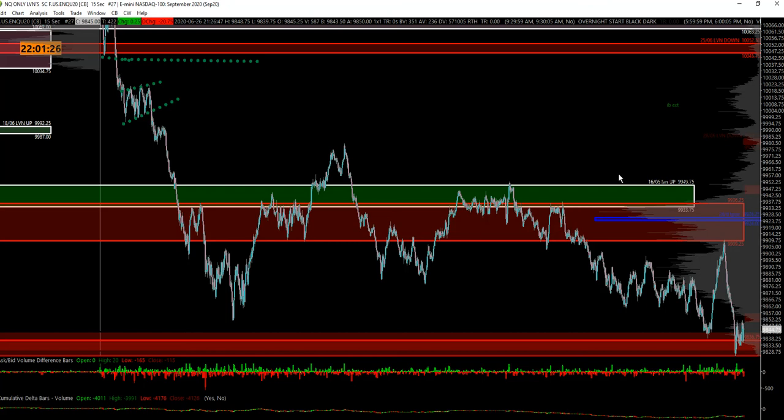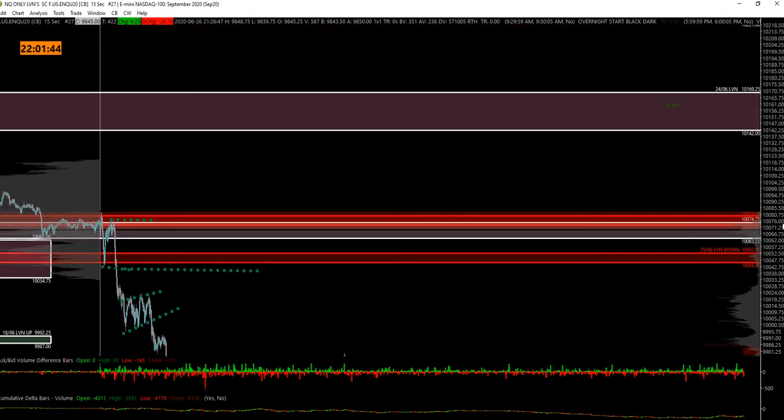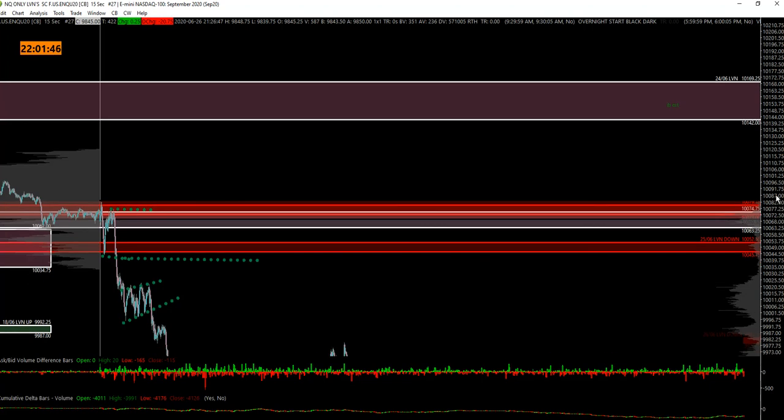Basically, that same area that started the move up here on the 16th of June has failed. So it's like that 10-day move up from this area, as NQ did go all the way to like 10,200 something.